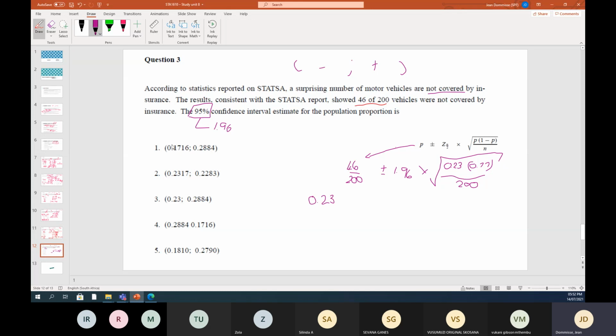So let's look at the options: bigger, smaller, that can be. Smaller, bigger, can't be. It should be bigger and it should be smaller; it can't be exactly the same.